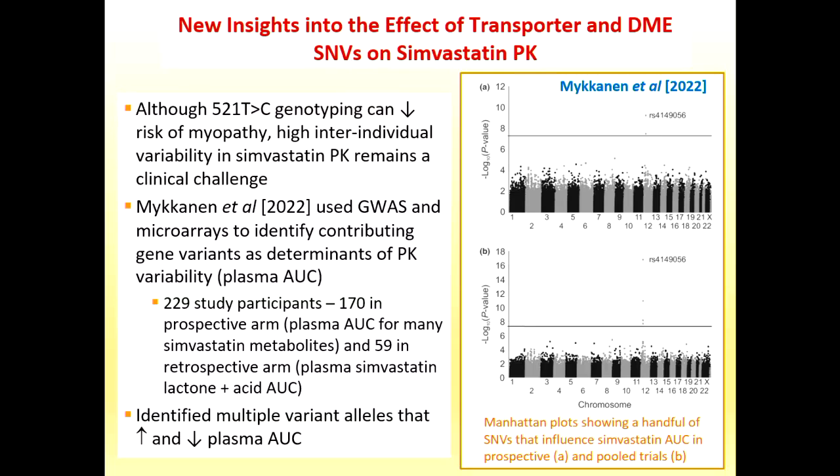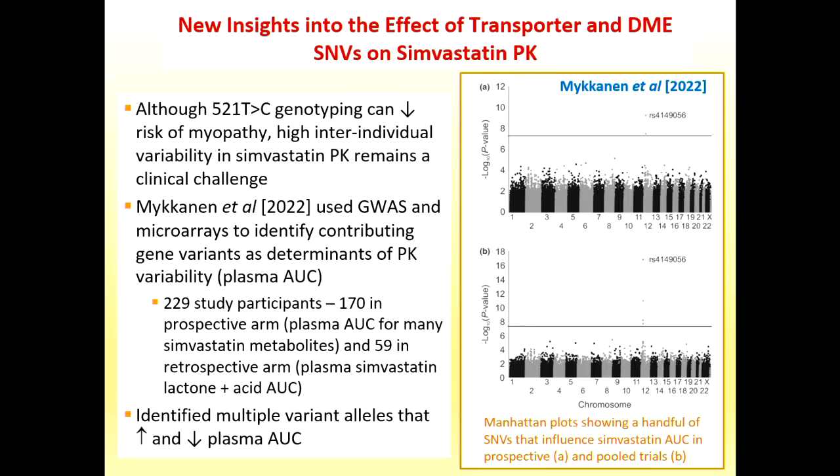So what they did here, and this is an interesting study, Mikkonen and associates last year, they published this study where they used, again, genome-wide association studies. But this time, they're not looking at risk of myopathy, they're looking at variable pharmacokinetics. So they're looking at screening according to area under the curve of the plasma concentration time profile.